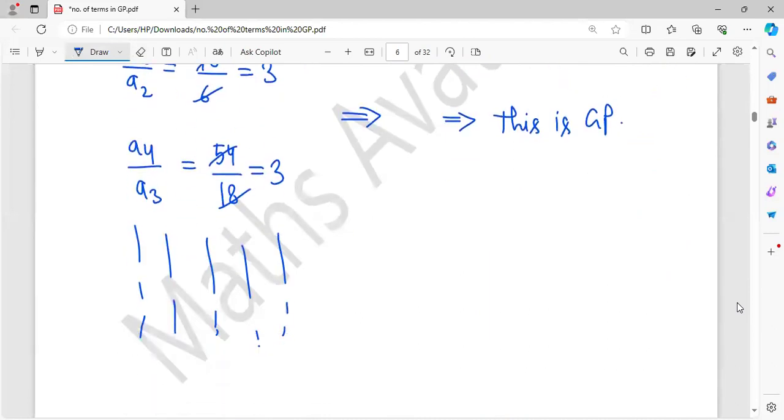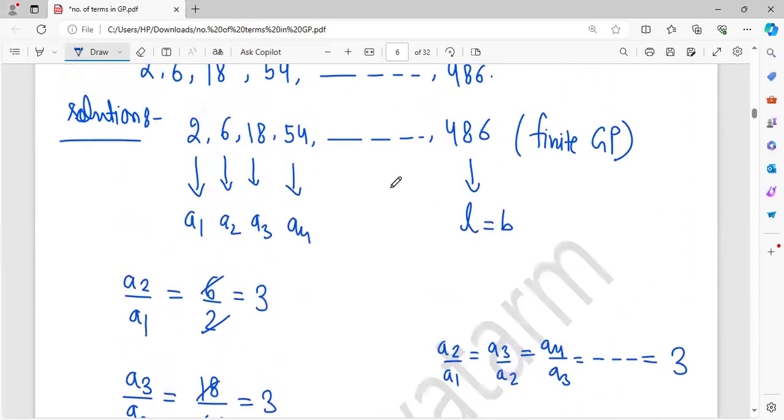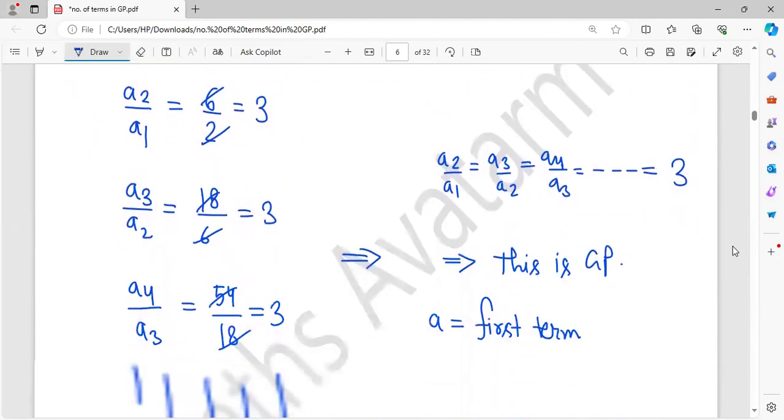What is the first term? First term is 2.